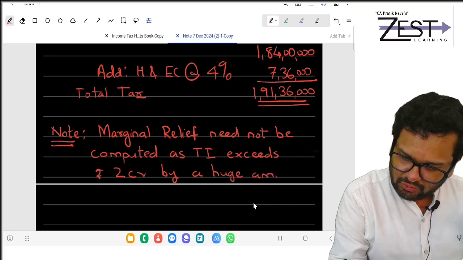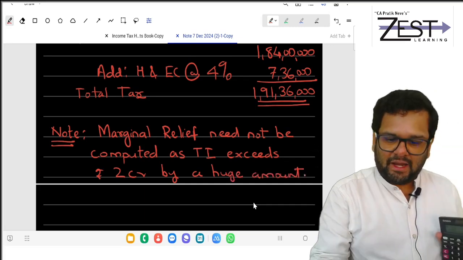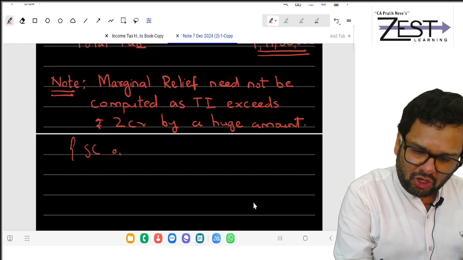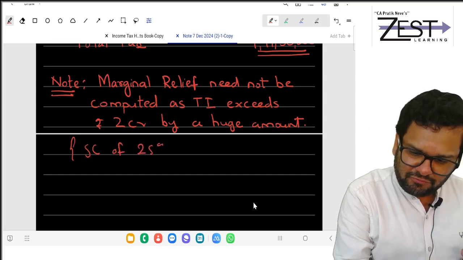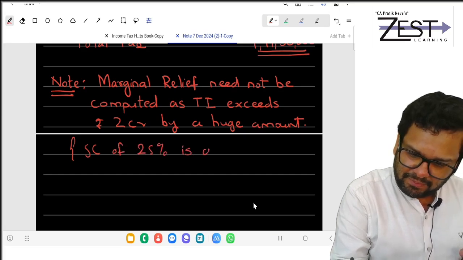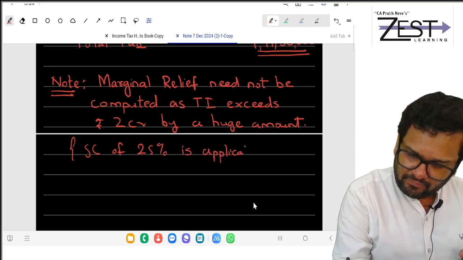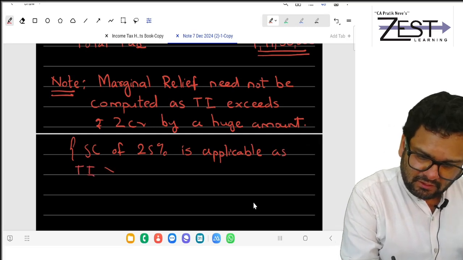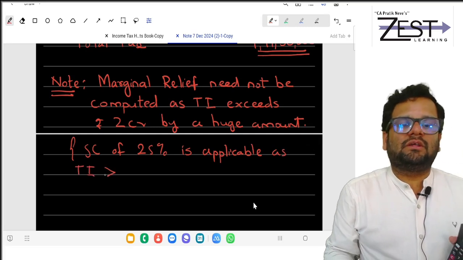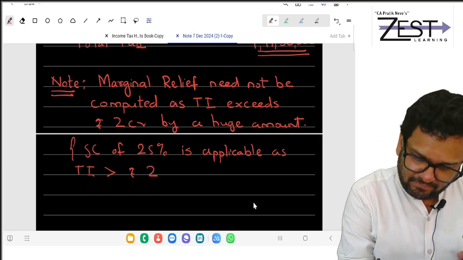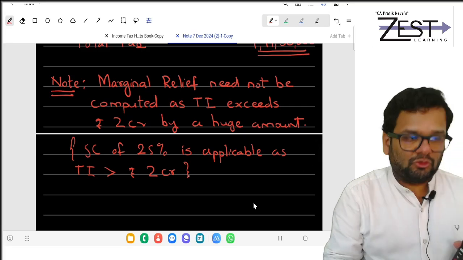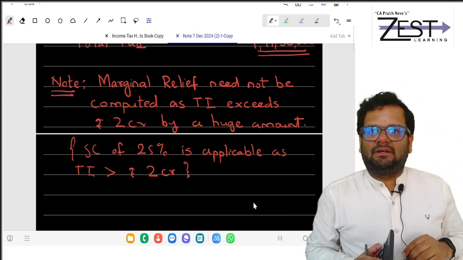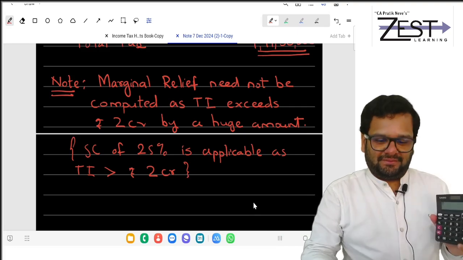And why do we consider 2 crore? Surcharge of 25% is applicable as total income exceeds 2 crore. Understood? Next.